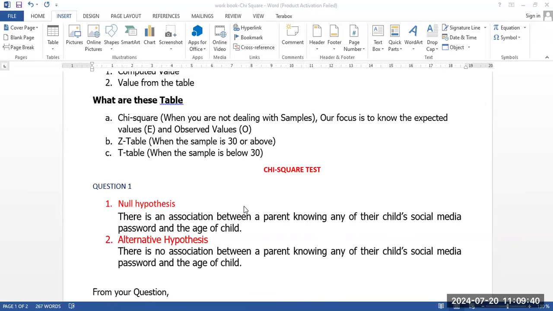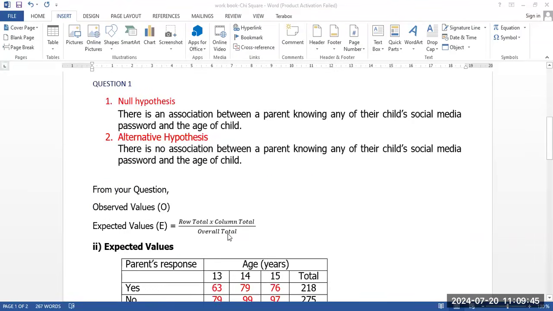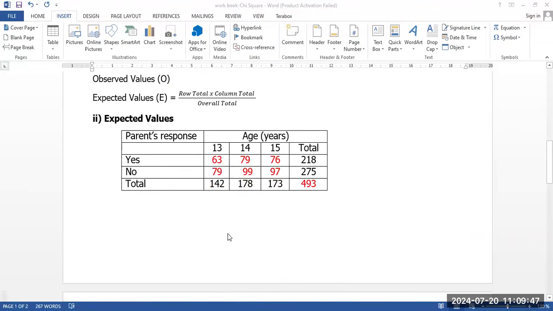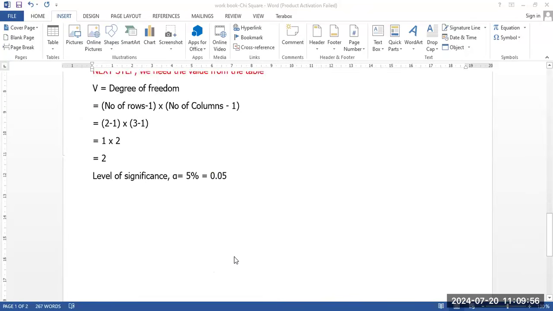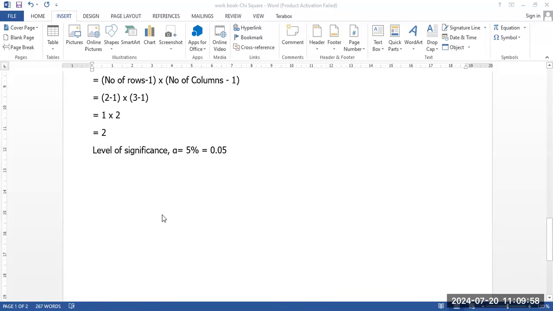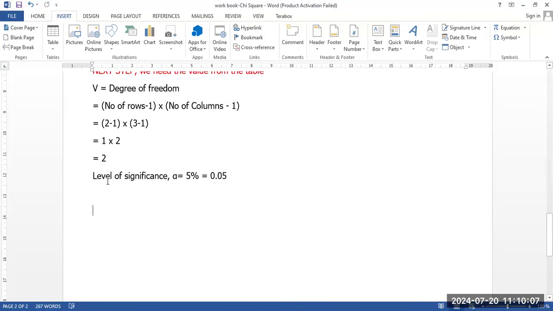But in this chi-square, most of the times you'll be having the side. It is with the Z distribution table and T distribution table where most of this concept will be applied. As we advance, you are going to understand more. This is a start. So here we don't need to divide.